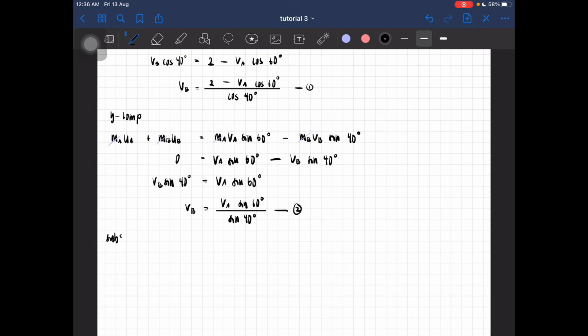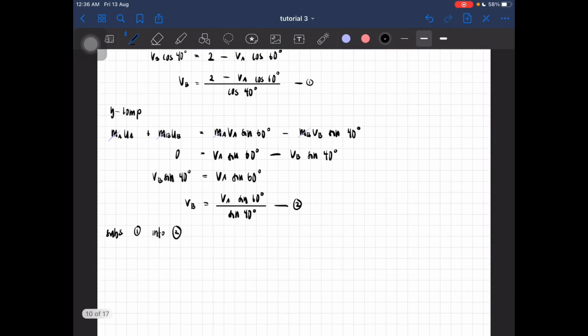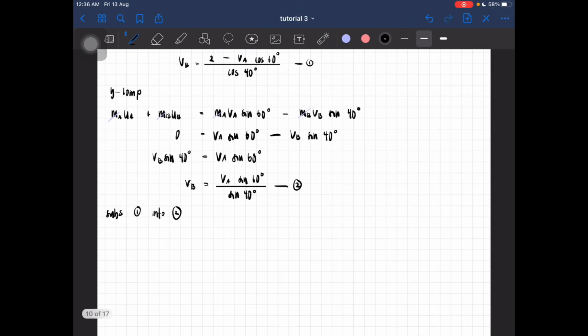So we can substitute equation 1 into equation 2. Right, so what do we have? We have 2 minus VA cos 60 degrees over cos 40 degrees equal to VA sine 60 degrees over sine 40 degrees.